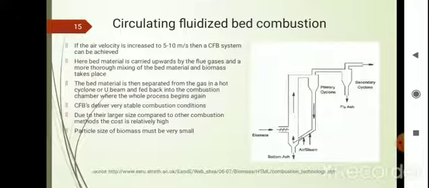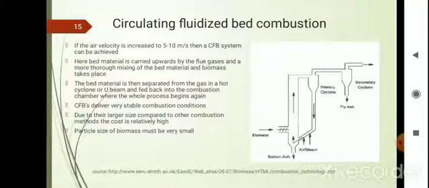We are using a very high air velocity for fluidizing, in the range of 5 to 10 meters per second. So there will be better mixing of biomass and bed material, and combustion will be very smooth.